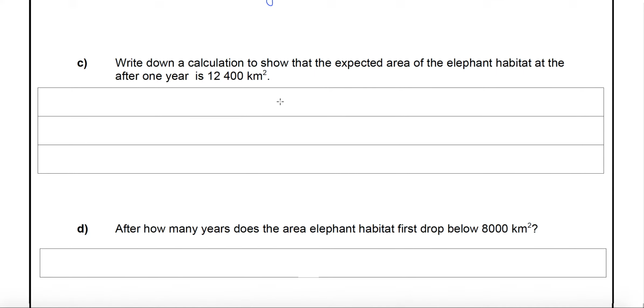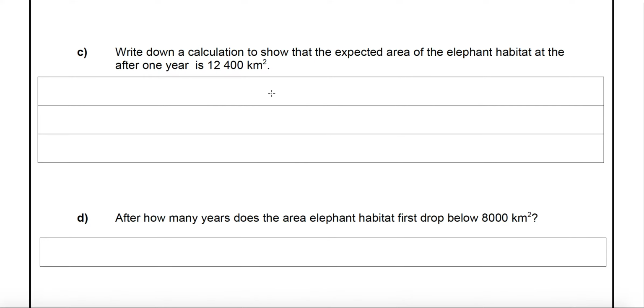Okay, so write down a calculation to show expected area after 1 year. Okay, so we're going to use the recurrence relation here. It's only after 1 year, so that means we're finding V1. So in your calculator, you will type in 0.85 times 14,000. Of course, that is V0 just there.